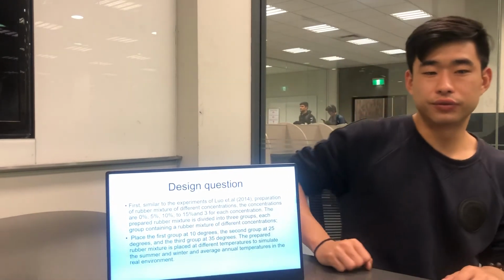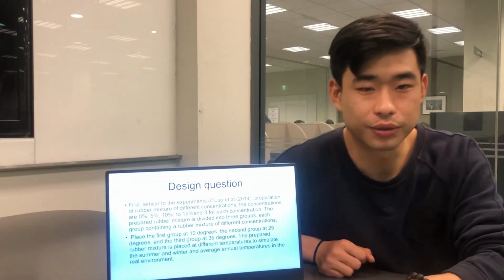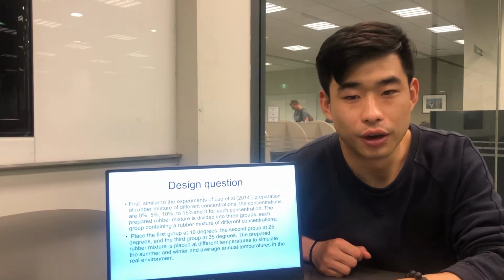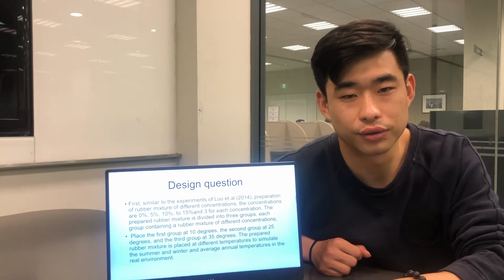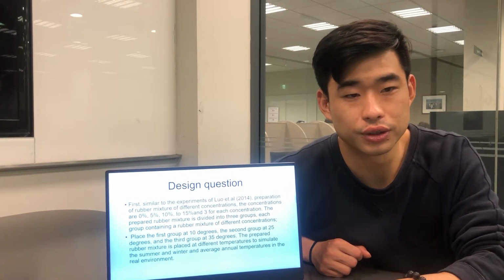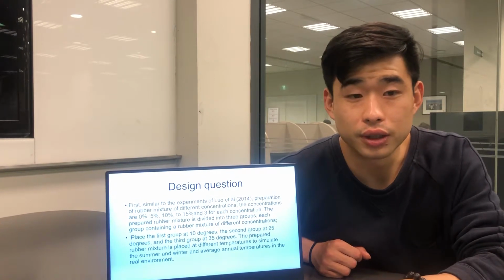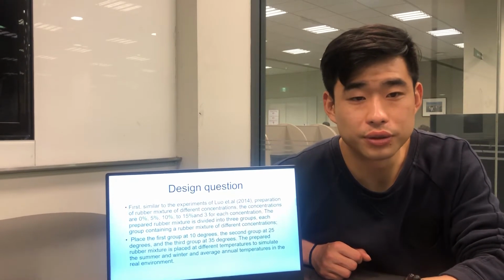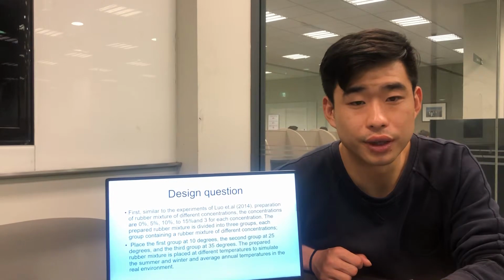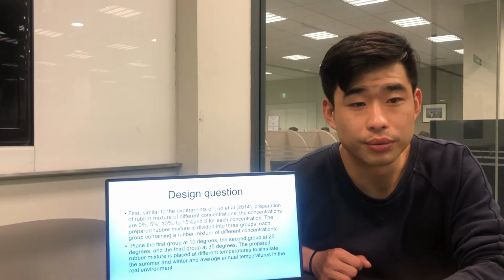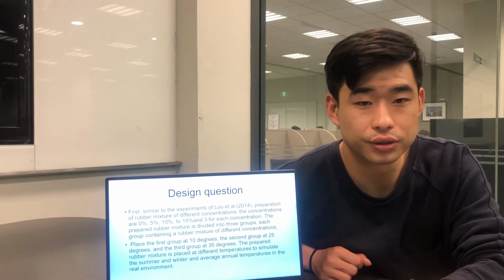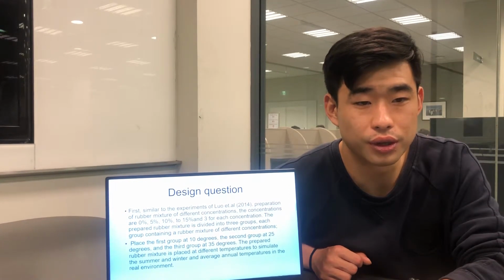Design question. First, the similar experiments of the law. Perhaps of the rubber mixture of the different configurations are the 0%, 5%, 10% to the 15%, and the 3 for each concentration. The perfect rubber mixture is divided into 3 groups each.